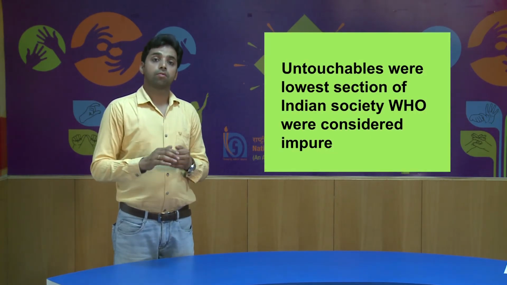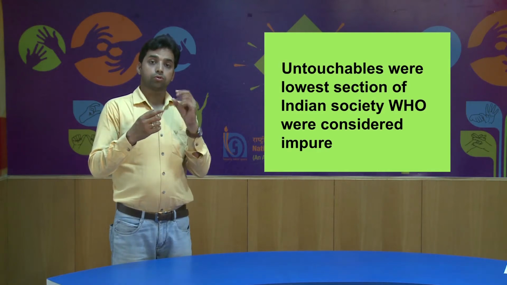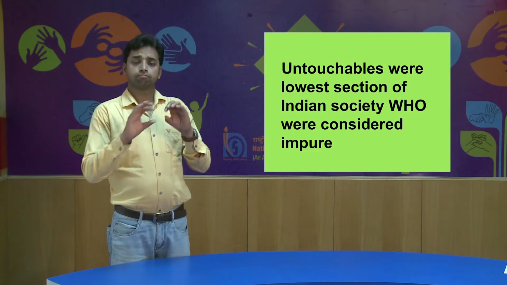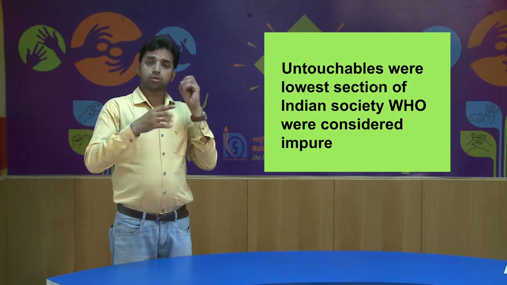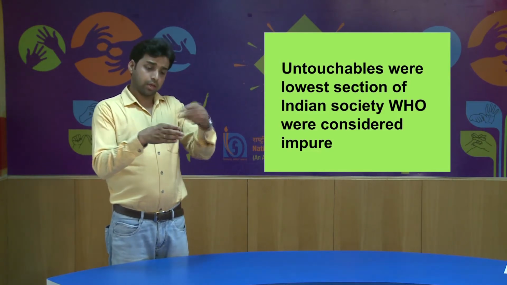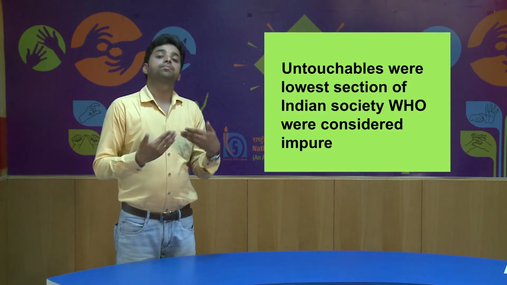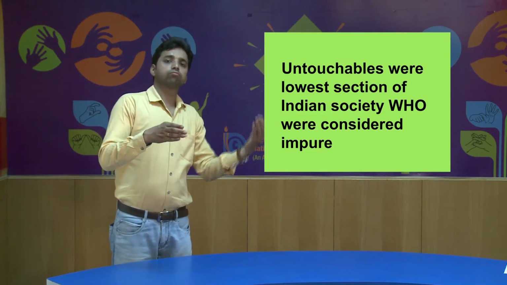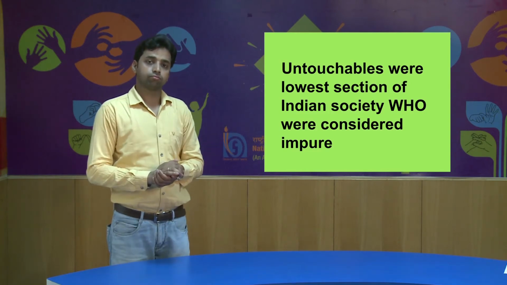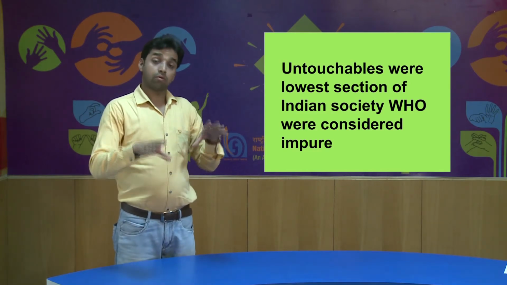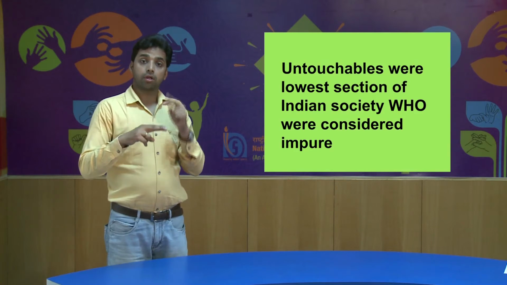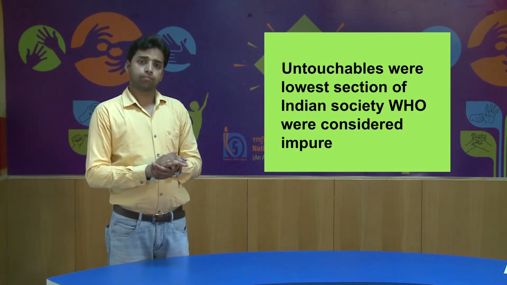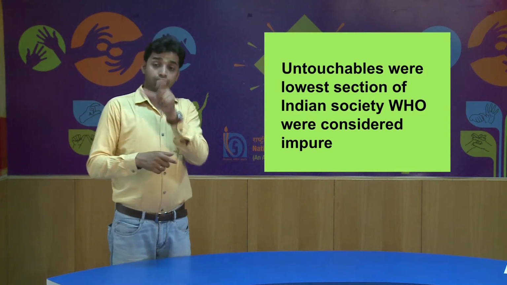Untouchables were the lowest section of the Indian society. In fact, they were considered outside the society. They were also considered as impure and therefore no one could touch them.